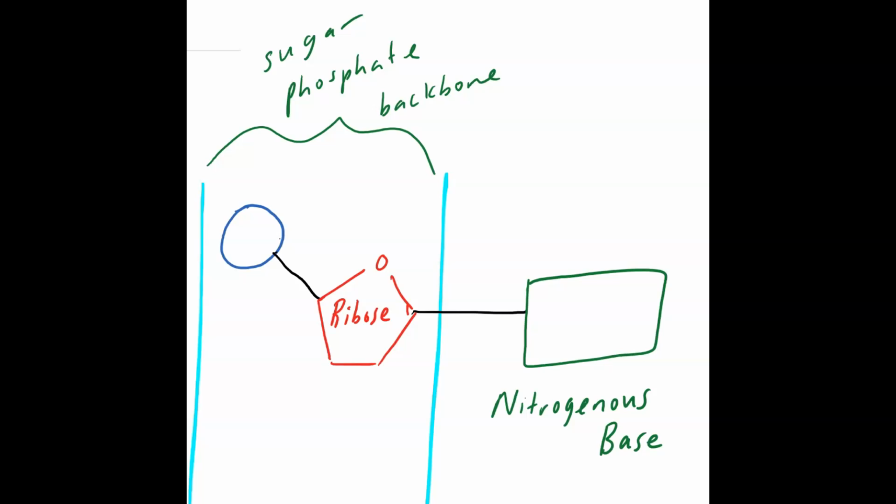So on that one side of the ladder, as we move from the outside in, we're going to first of all encounter a phosphate group. So that's what this is right here in blue. This is our phosphate. That phosphate is going to be connected to a ribose sugar.